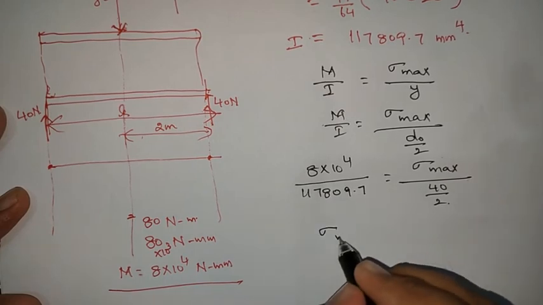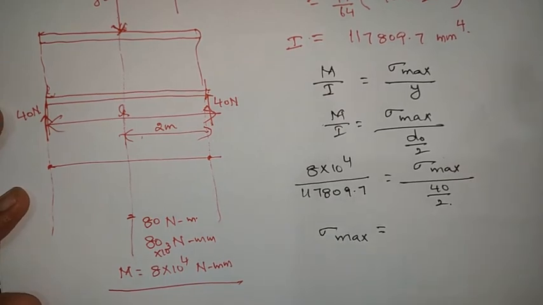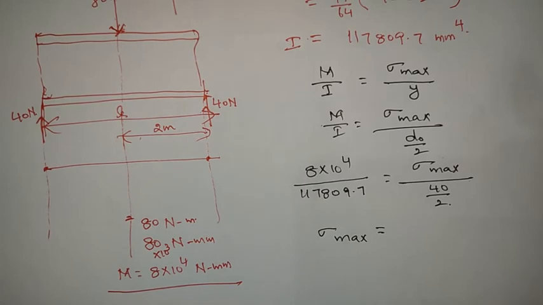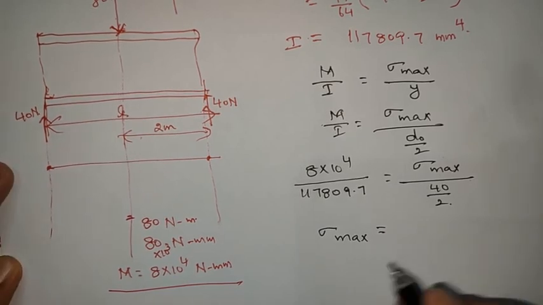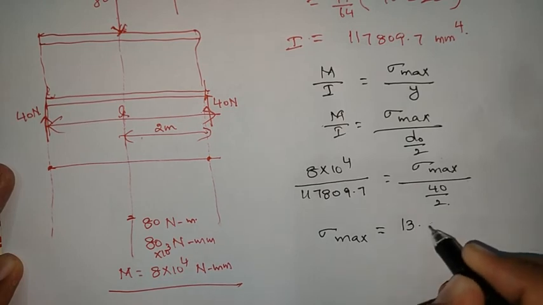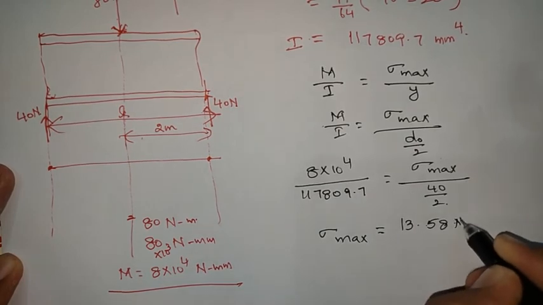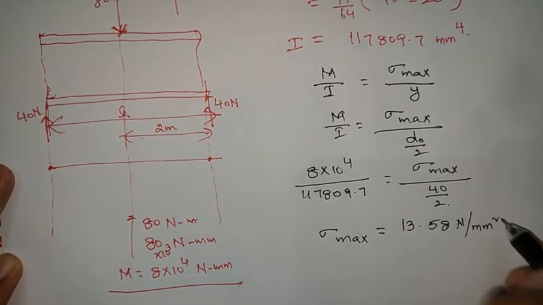Then the maximum stress induced, sigma max, you will get that value as 13.58 Newton per mm square, right?